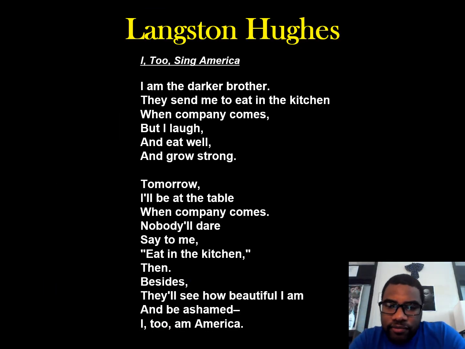All right, here's a poem by Langston Hughes. I, too, sing America. I am the darker brother. They send me to eat in the kitchen when company comes. But I laugh, and I eat well, and I grow strong.